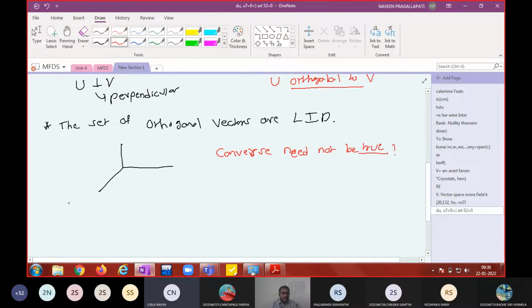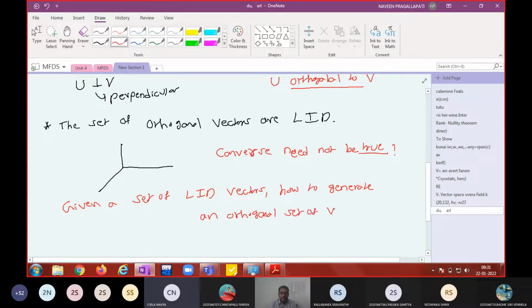Now the question is, given a set of linearly independent vectors, how to generate an orthogonal set of vectors? And if these linearly independent vectors form a basis, if you are given a basis, then how to generate an orthogonal basis?